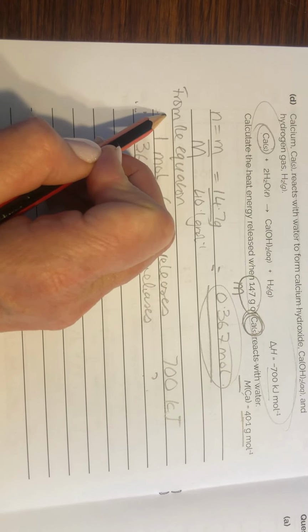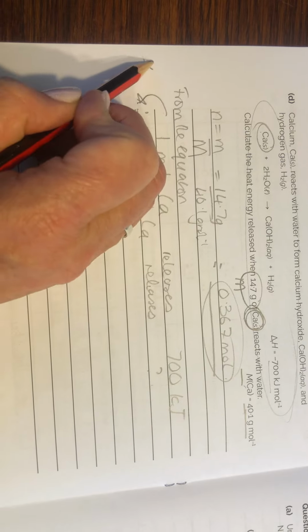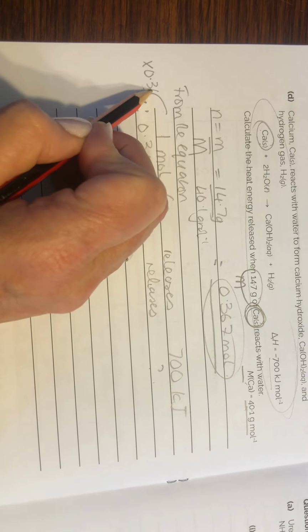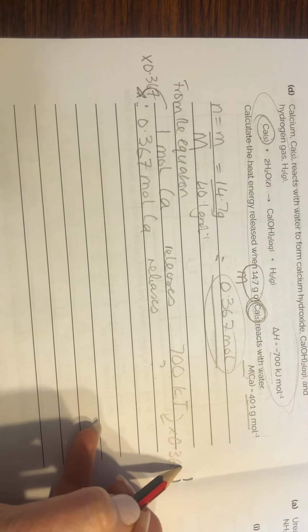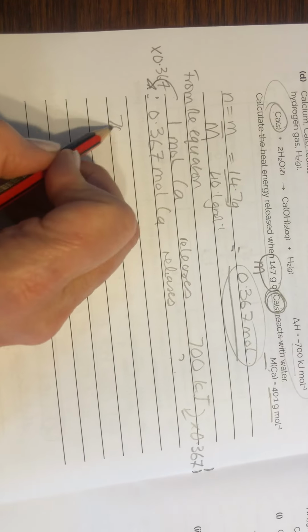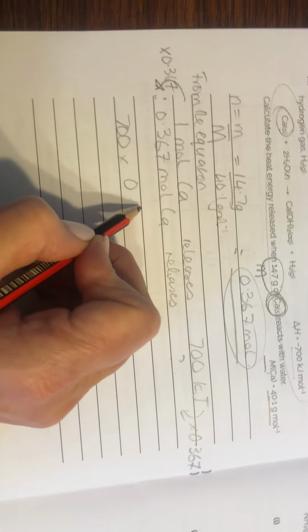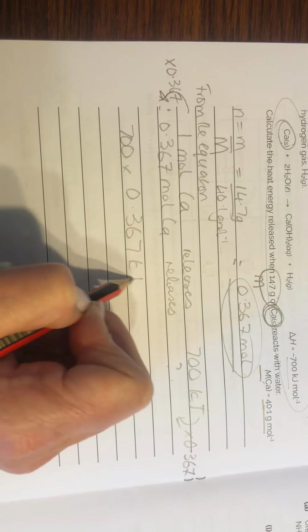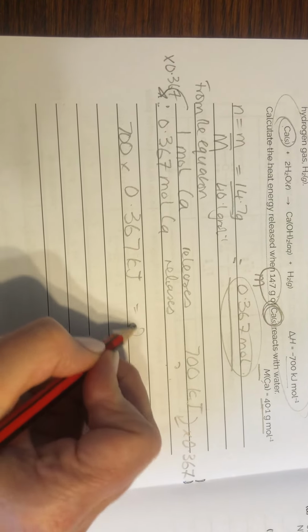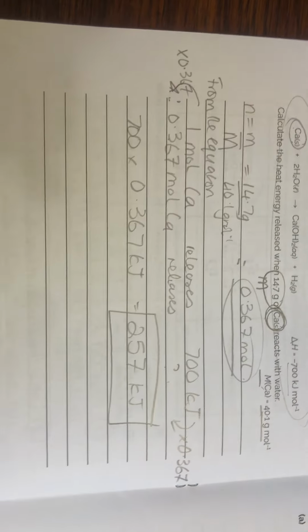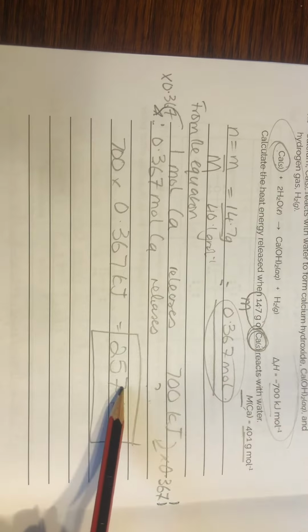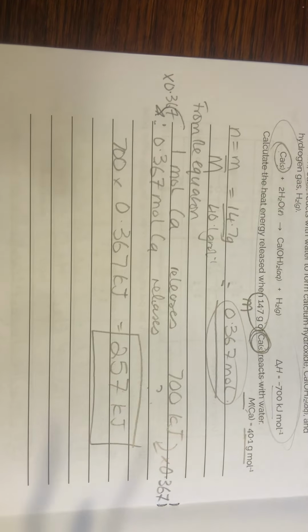So I just do a relationship. How do I go from there to there? I multiply by 0.367. So I'm going to multiply by 0.367 there. So 700 times 0.367 kilojoules is going to give me 257 kilojoules. So does that look about right? Is that about a third of that? Yep, that's pretty good.